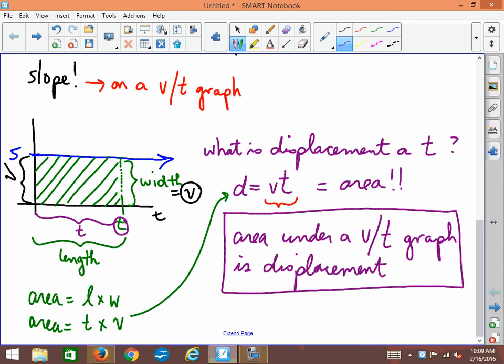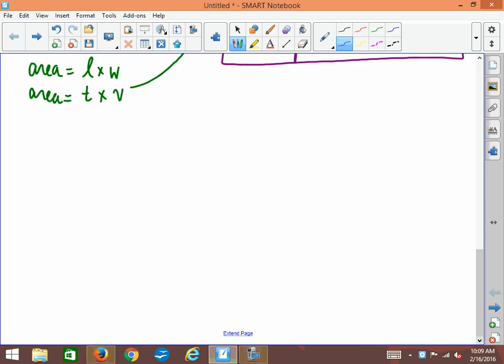Now we can explore this idea a little further. The fact that if you take the area between a line on a VT graph and the time axis, then you can figure out the displacement. Right? Okay. So let's see what we can do with this. We can do a couple of things. Now I'll draw a second graph.